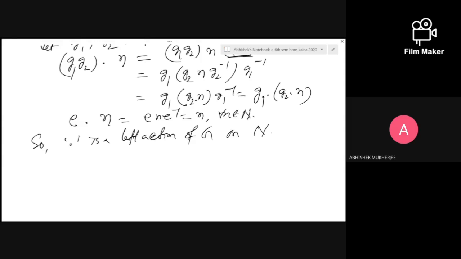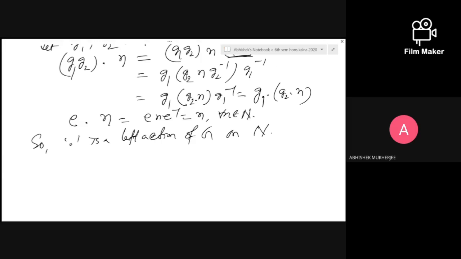Now we move to view this group action as a group homomorphism from the group G into the group of permutations.